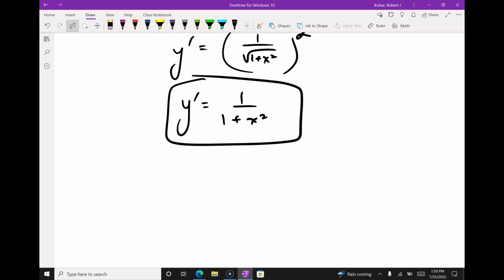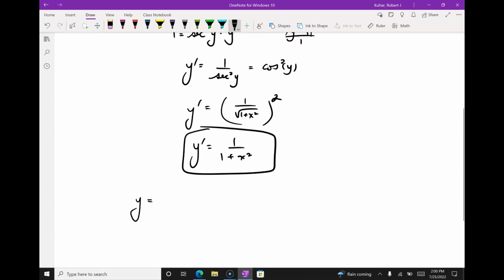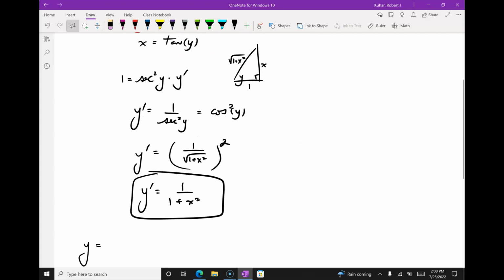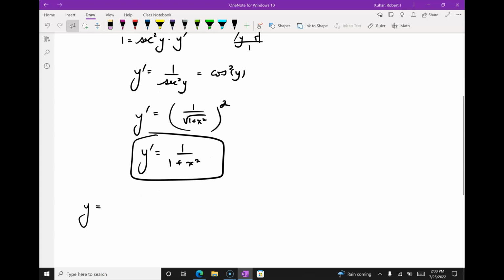So we have two versions of our arctan that we need for our formula sheet. Cos is adjacent over hypotenuse. If y is the arctan of x, y prime is 1 over 1 plus x squared.